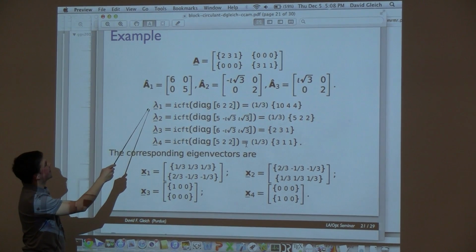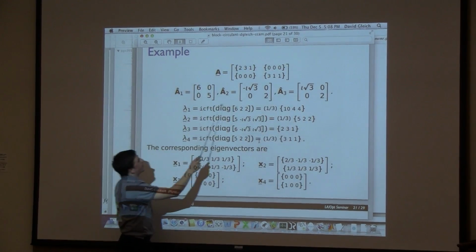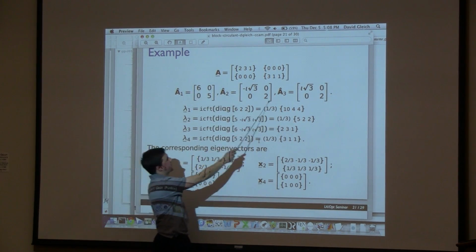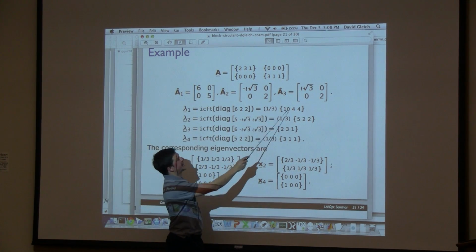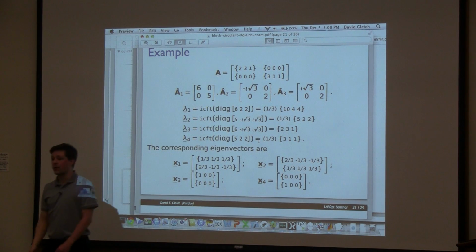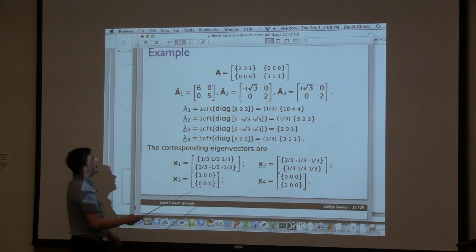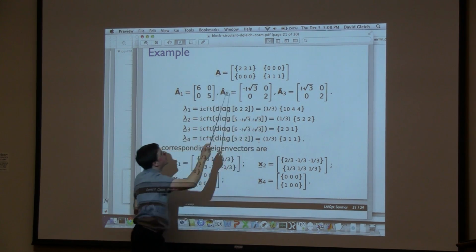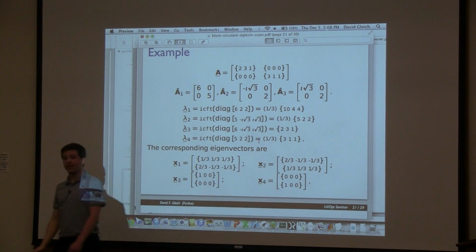So it turns out that if you pick the largest eigenvalue from each of these 3 blocks, you're going to get 6, 2, 2. The ICFT of 6, 2, 2 is exactly that 4 1/3, 1 1/3, and 1 1/3. So what we're really doing here is when we run the power method on this, we're taking this matrix and running independent power methods on each of these blocks.